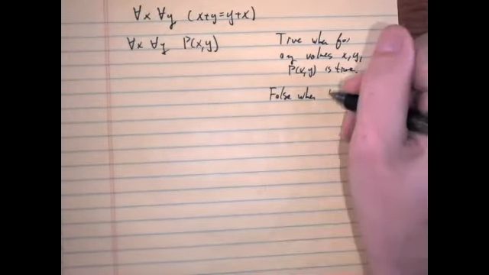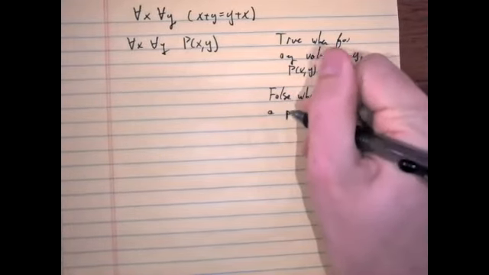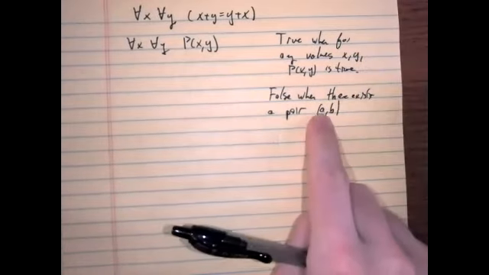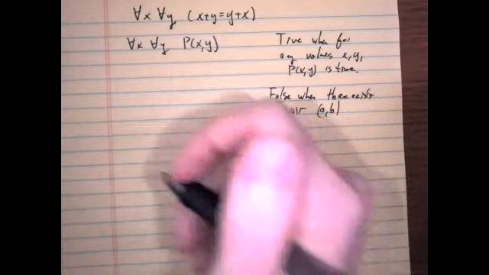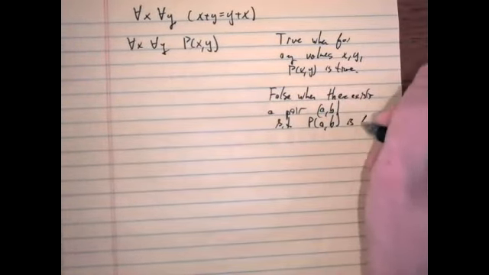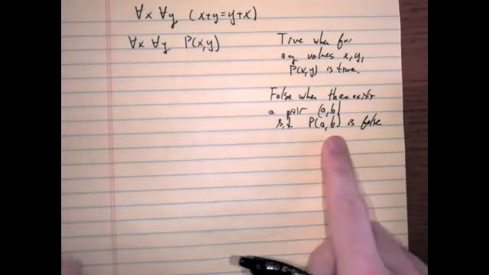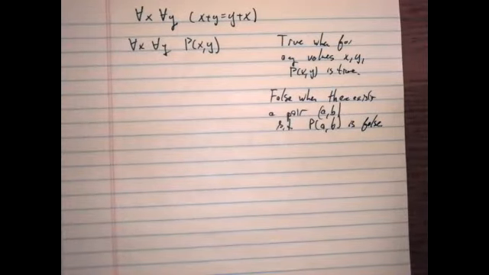Right, it's false when there exists a pair, say a, b, where a is an element of the domain of x and b is an element of the domain of y, such that p of ab is false. Are we okay with my description of this nested quantifier? Yeah, all you need is the existence of one pair of elements such that the proposition is false on that pair.